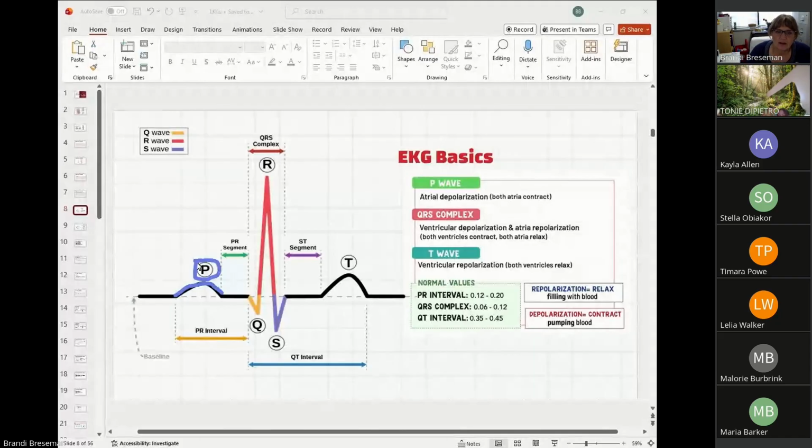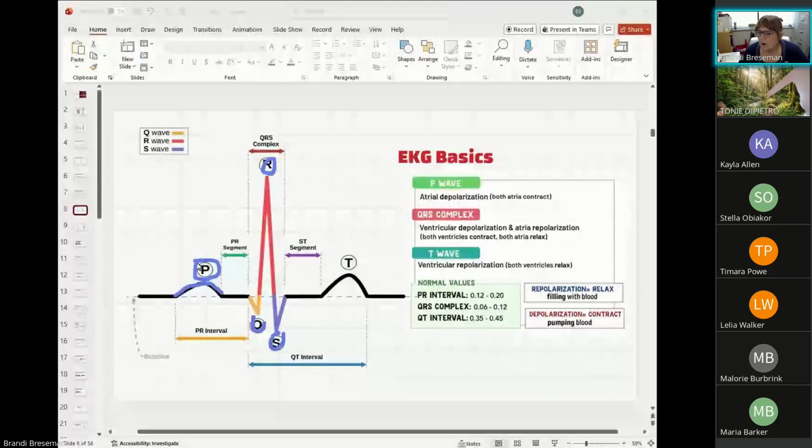Our QRS, here's Q, R, and S. So it's called a QRS complex, and that is ventricular depolarization. Ventricular depolarization is ventricular contraction.